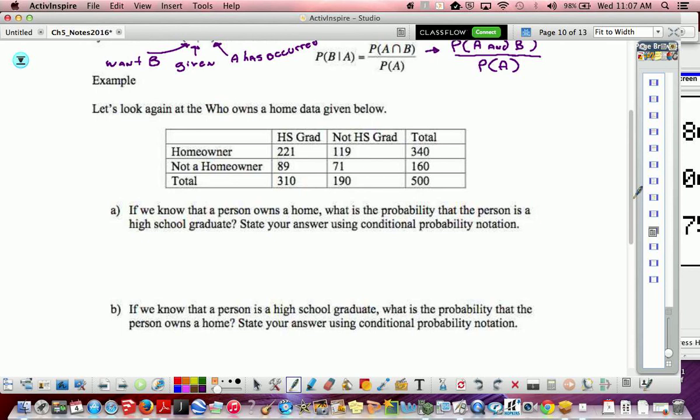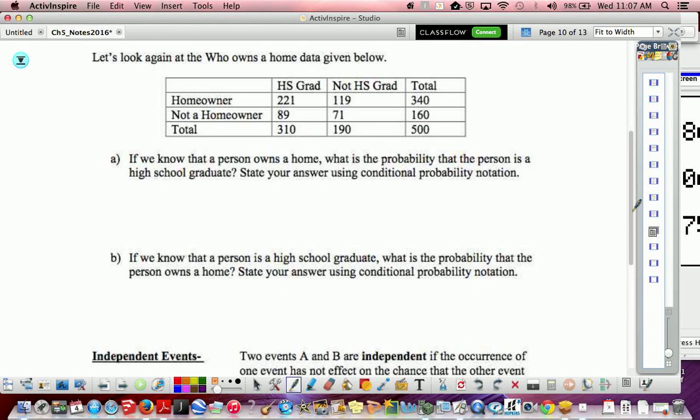When I look at these conditional probability problems, there are two events I have to put in. The first event is what I'm actually wanting to find the probability of. So when it asks what's the probability that the person is a high school graduate, that's what I start with.